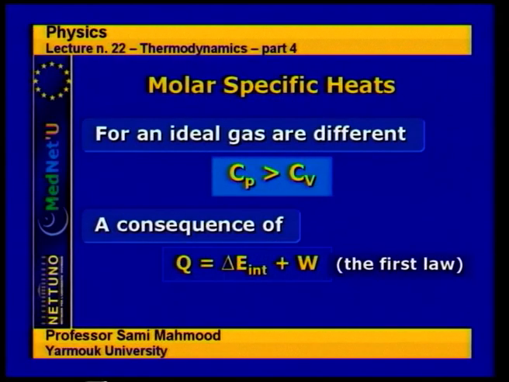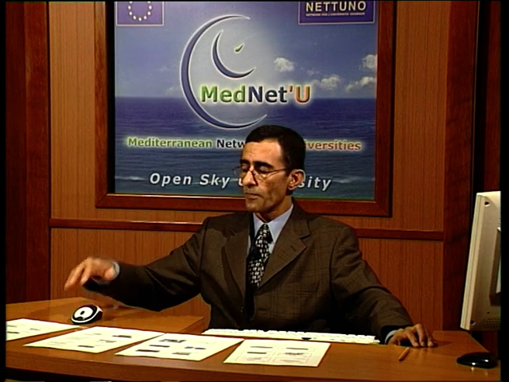And that is a consequence of the first law of thermodynamics. Since we know that Q is equal to the change in the internal energy plus the work done by the system, this is from the first law, and we define the specific heat in terms of the heat absorbed by the system.